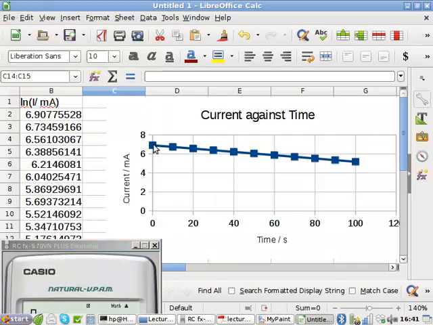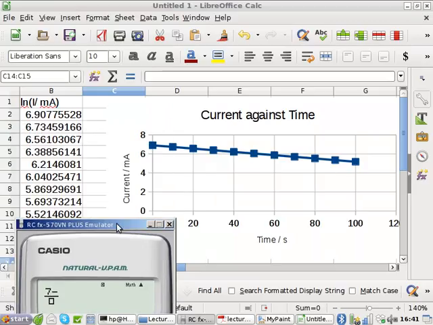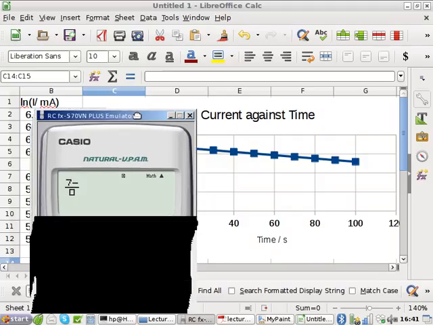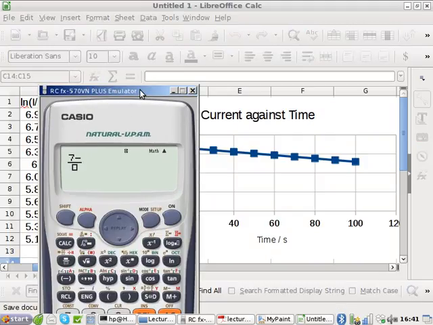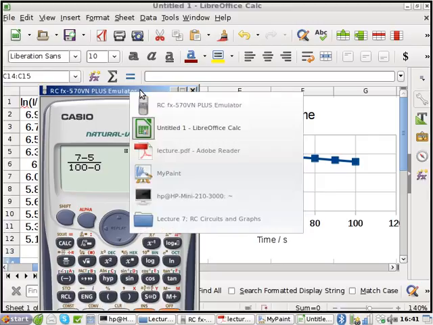What's that? 7, we'll say? Minus 5. Now, in the exam, they want you to see pencils on your graph to show that you read the graph. You know, like draw a line across. And then the time is 100 minus 0. 1 over 50.